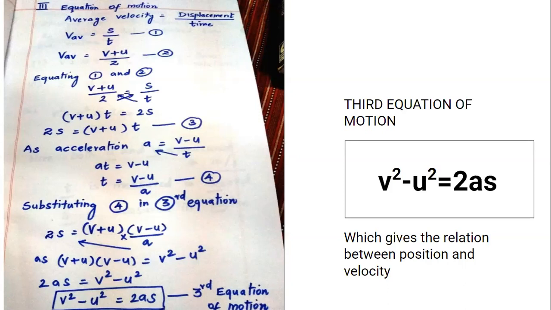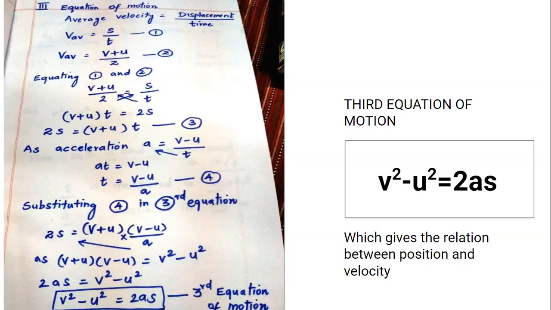So V square minus U square is equal to 2AS. I'm just writing this over here. So V square minus U square is equal to 2AS, which is the third equation of motion.